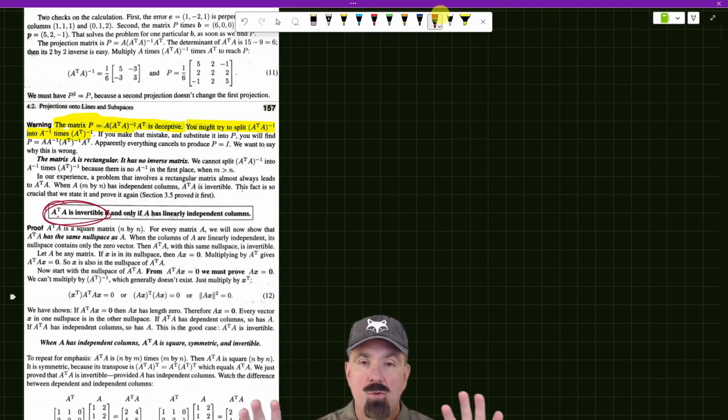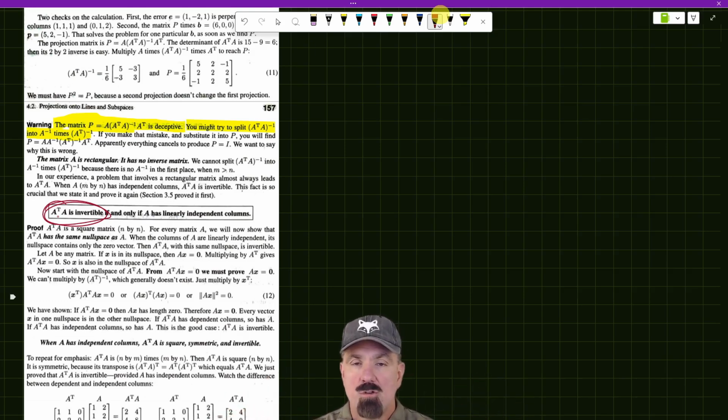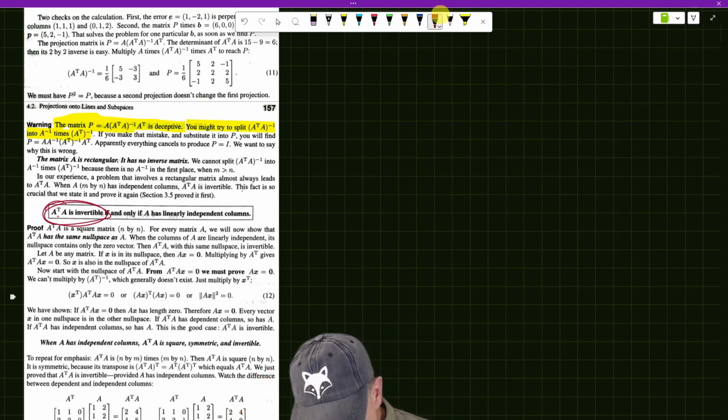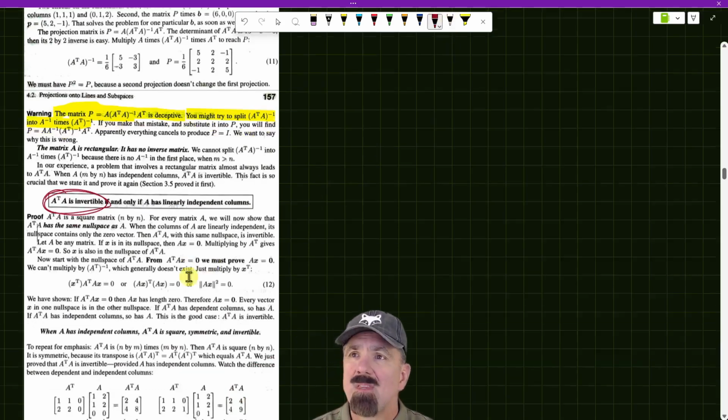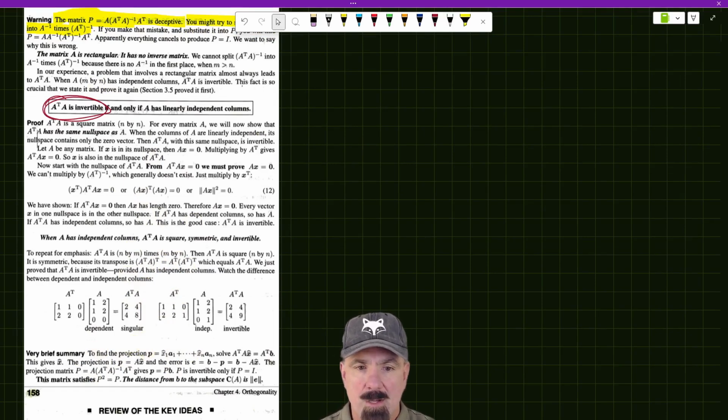We're going to choose the subspace that we're going to project the problem onto to try to solve it. And he provides a little bit more information. Obviously, you don't have to know the proofs, but he does provide a nice summary of the important pieces of this projection matrix idea. Let's talk about the problems.